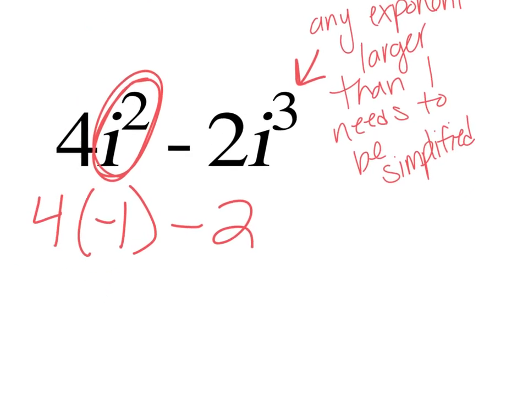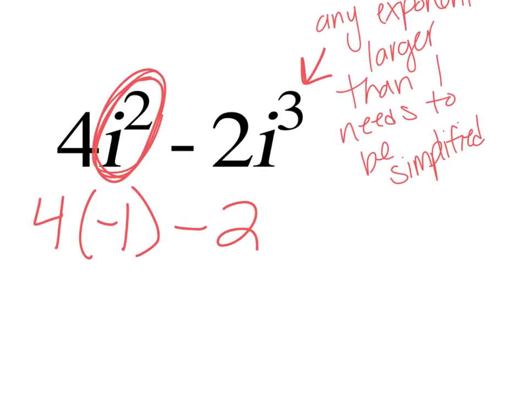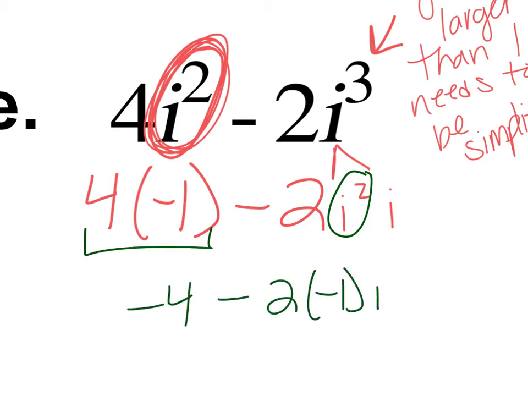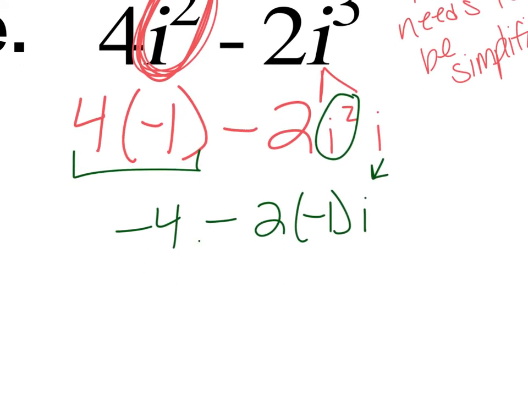And because we know the value of I squared, we can break I to the third into I squared times I, right? There's 3 of them there. So then I know I squared is -1. So this is 4 times -1, -4, minus 2 times -1, and then you have this extra I. So I can go ahead and multiply -2 times -1 to get -4 plus 2I.